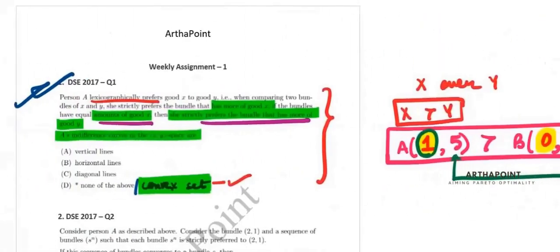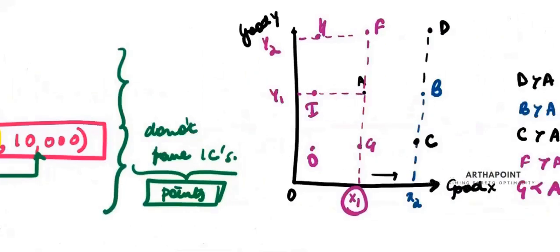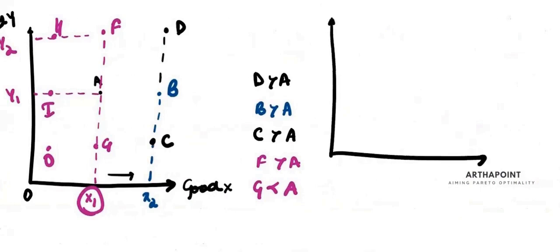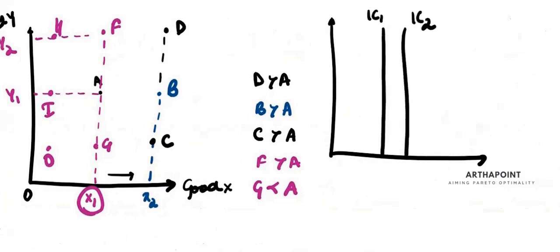Now, it says, should the indifference curve be a vertical line? By definition, indifference curves are those curves which represent the same level of utility. If I draw an indifference curve like this, IC1, and let's say I have an indifference curve here, IC2.